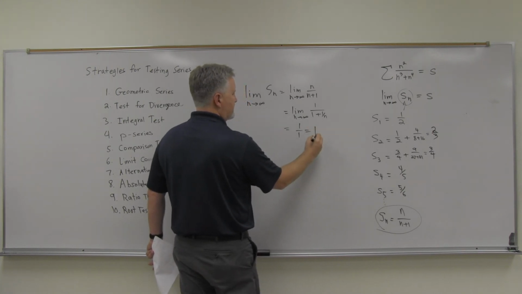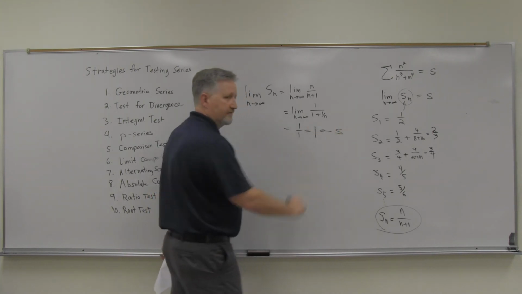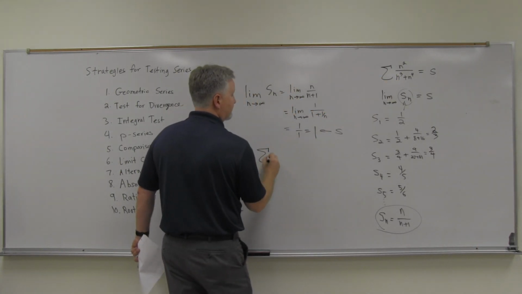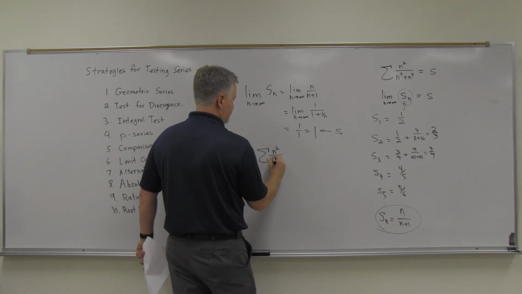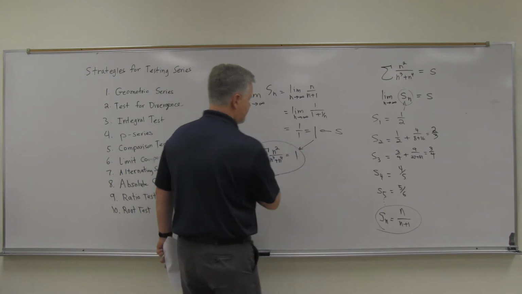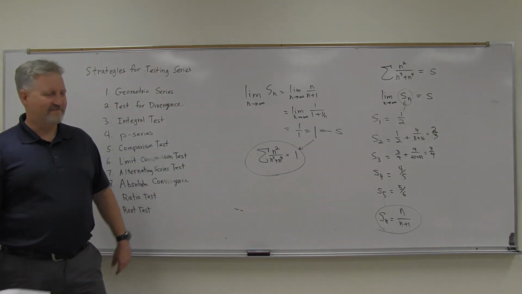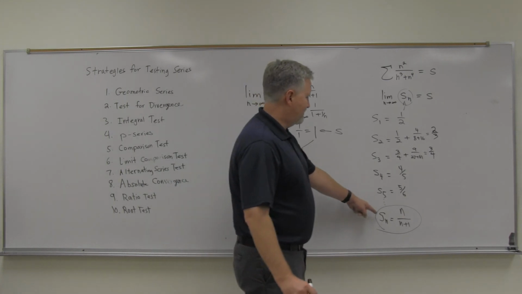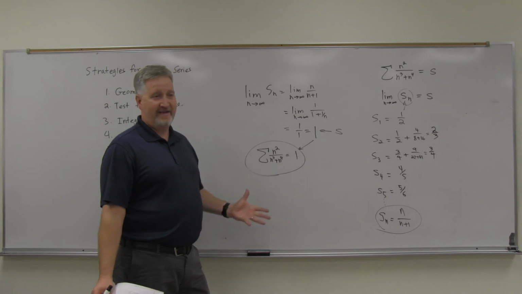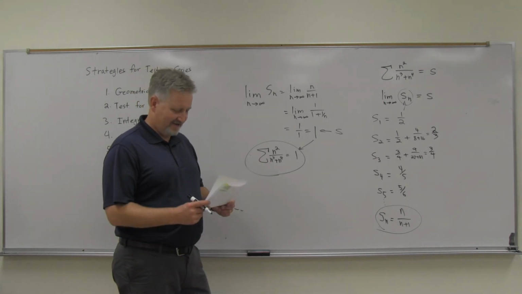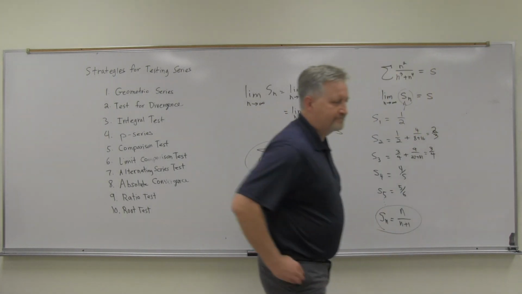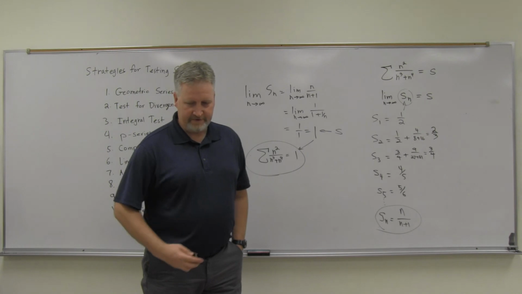So what this is saying is that's our S, the sum of our series. That's what this series equals. We add all those terms up. In this case, turns out it's 1. So on the rare occasion that you can find it, a lot of times this S sub n is so complicated it's hard to find that out. But if you can, you got it. Okay. So just wanted to mention that. Finish off here.